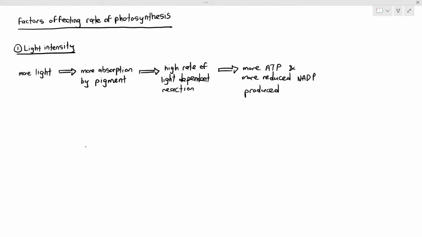And when you have more reduced NADPs and more ATPs, obviously it speeds up the overall rate of photosynthesis, because then it can be used in the light-independent reaction, so more organic molecules can be made. There is an important caveat or condition here, but we will cover that in a while.